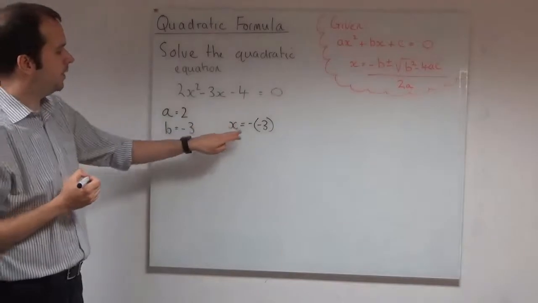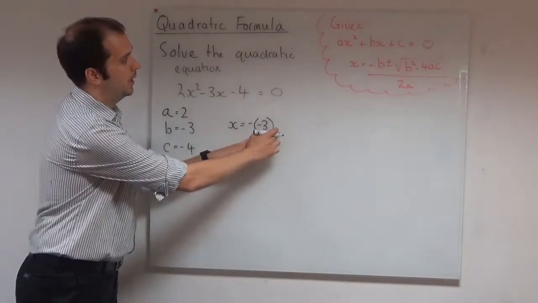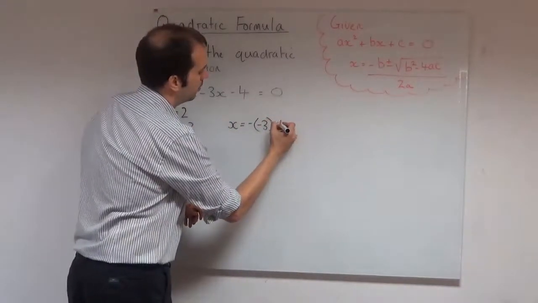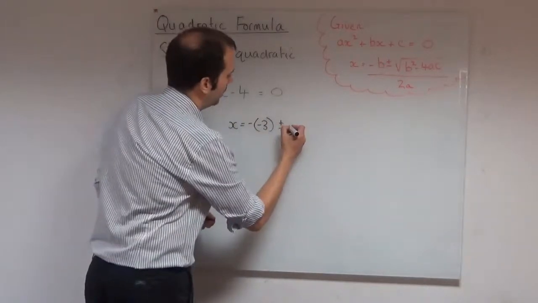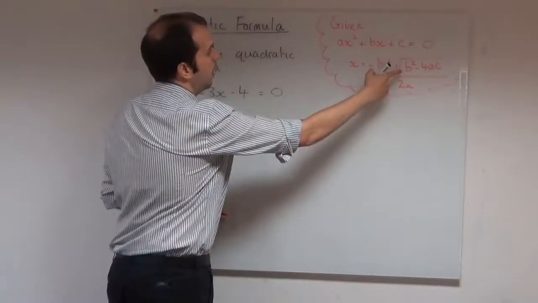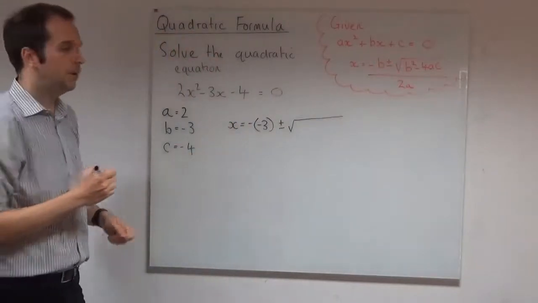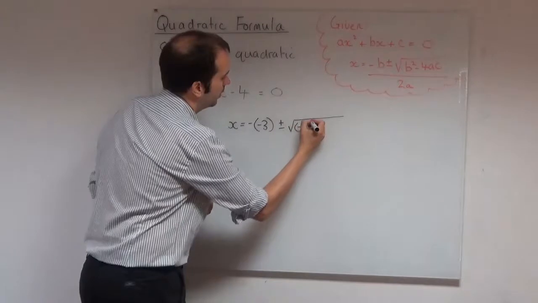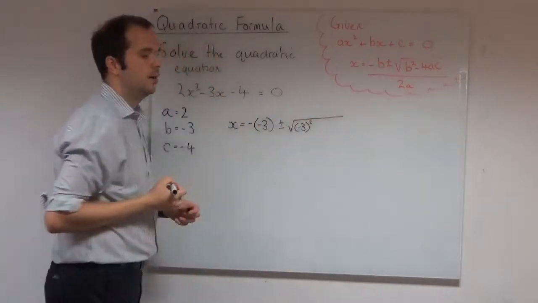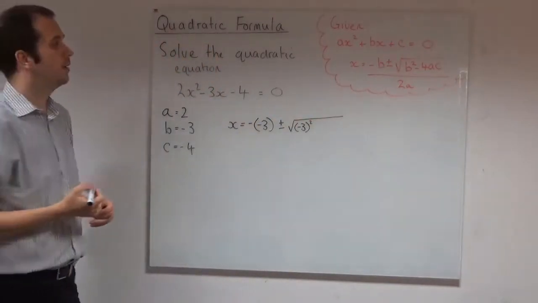I'm going to write minus and then bracket minus 3, plus or minus, and then we're going to have the square root of b squared. So again, as it's minus, I'm going to put minus 3 in brackets and then square it.